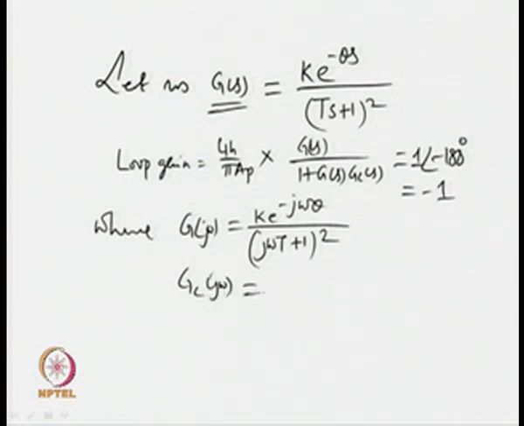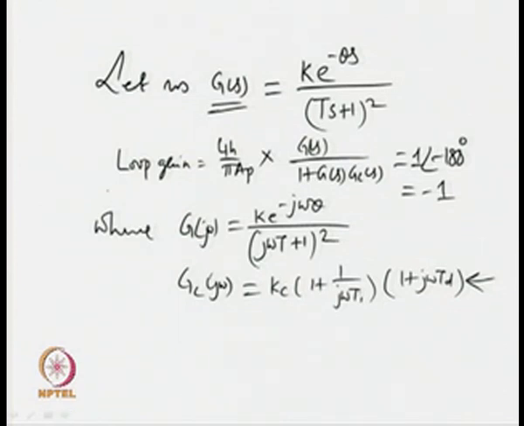Please allow me to use a controller of different form. I can use a series controller now, given by Kc (1 + 1/(j omega Ti)) (1 + j omega Td). So, what we have done? We have used a series PID controller in place of the parallel one. Then that will result in finally an expression of the form.